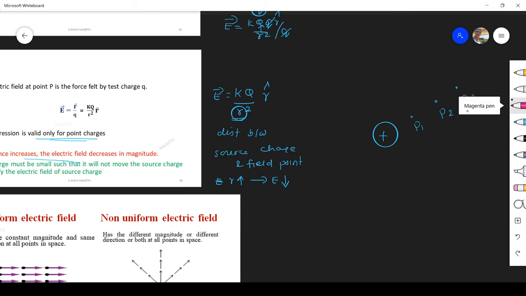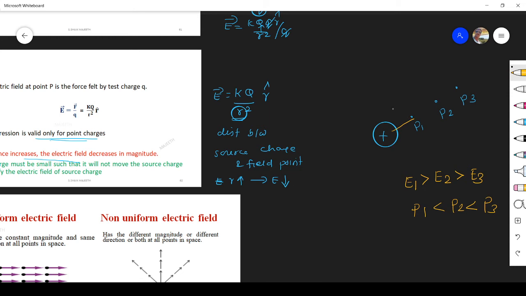The field will be maximum at this point, because this point is closer to the charge. So the electric field at 1 is greater than the electric field at point 2 and point 3, because point 1 is closer. Point 2 is somewhat away, point 3 is at more distance.